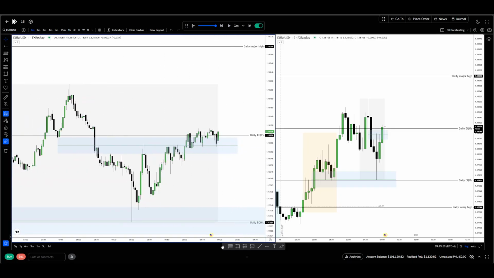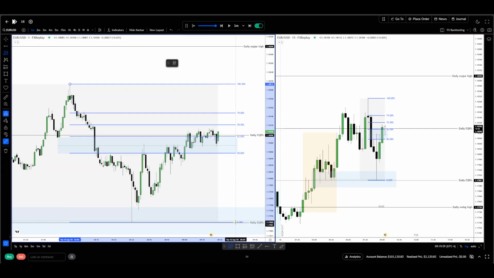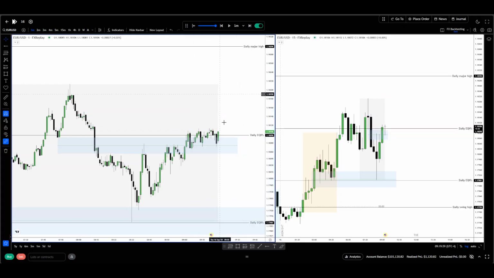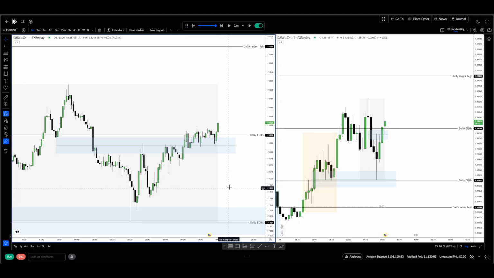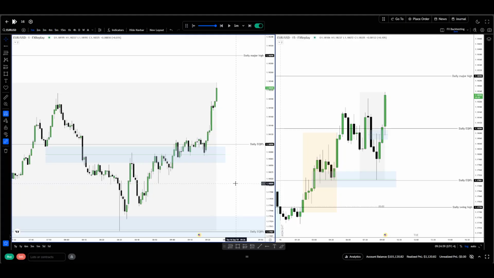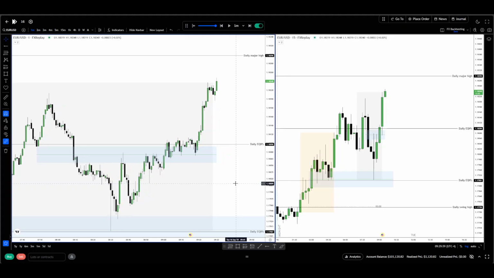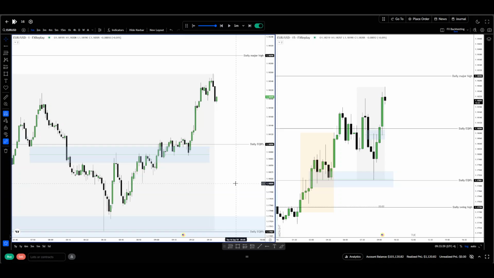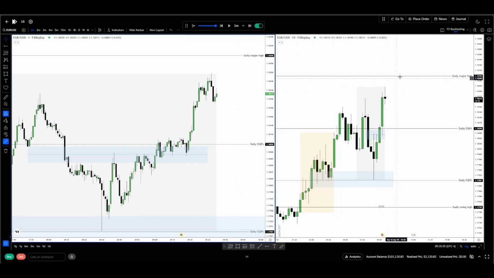Because also notice this. Price is consolidating just above the 50. And price takes off. And probably now it's going to add another high to this daily major high, which retail sees as a double top.